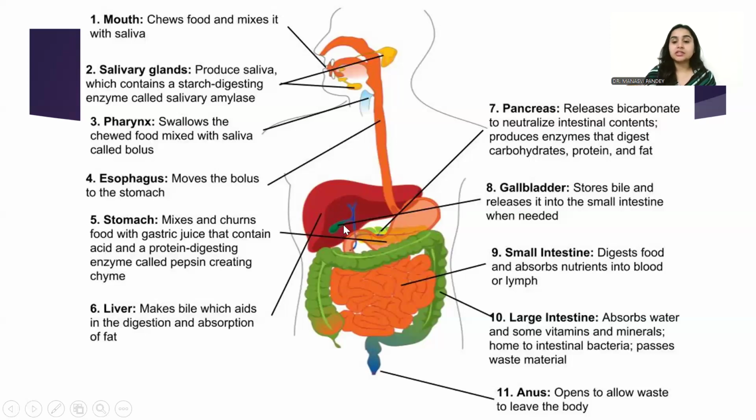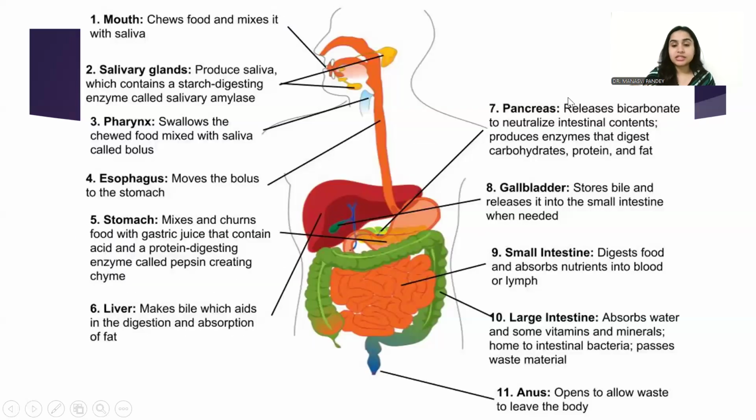The gallbladder here stores the bile juice secreted by our liver and it releases it into the small intestine, or the duodenum, as and when it is required. And the sphincter of Oddi here controls when it has to open or not, and accordingly the bile juice is released into the small intestine.